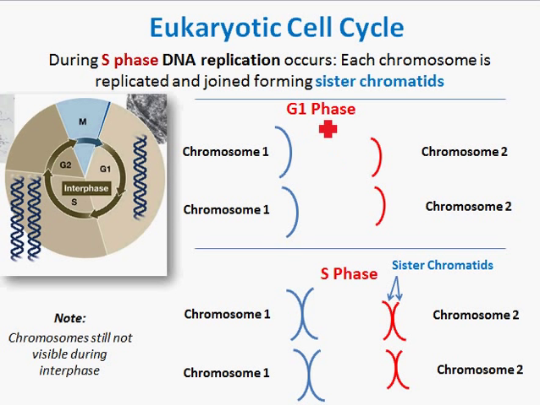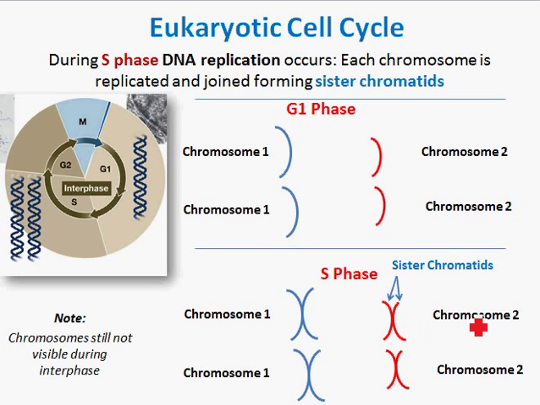So as we go from G1, and once we enter S phase, we copy all the information we have. We copy our DNA. We go through DNA replication. So chromosome 1 makes a copy of itself, and we get this kind of X shape for a chromosome that you're familiar with. Both of our chromosome 1s do that. Same with our chromosomes 2. They're now duplicated compared to what they looked like during G1 phase.